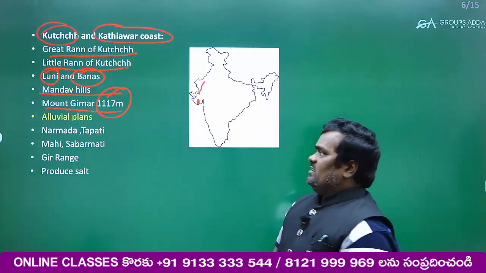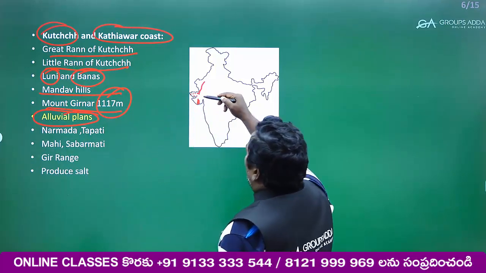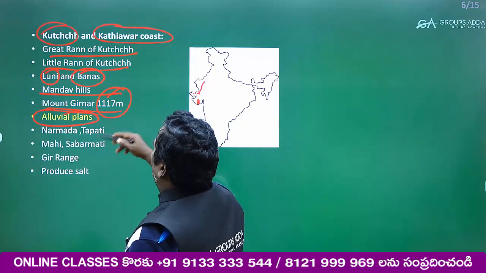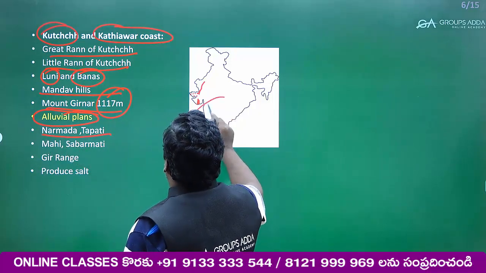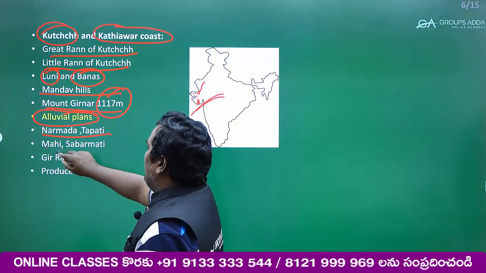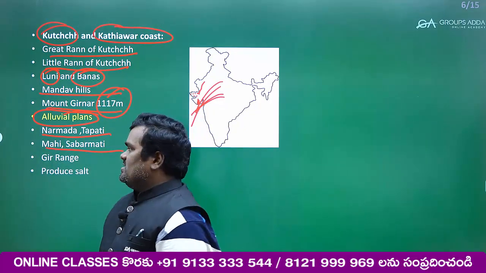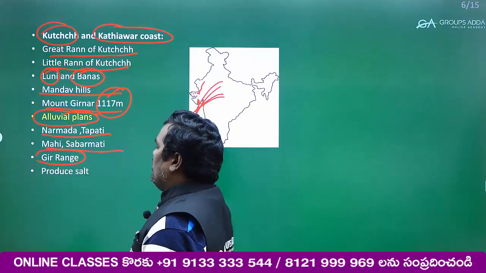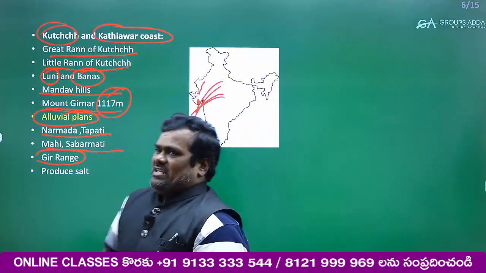Then alluvial plains. My dear friends, here some alluvial plains got developed because of the Narmada and Tapati rivers flowing in this direction. Mahi and Sabarmati are also flowing in this direction. Then the Gir range. What do you mean by Gir range? Here we have Gir forest.